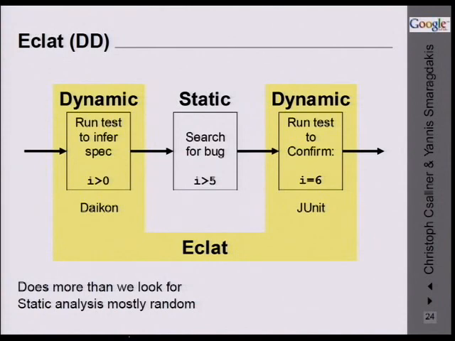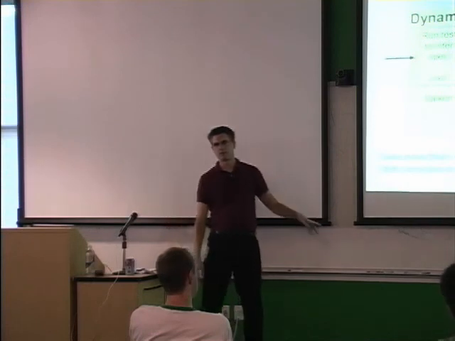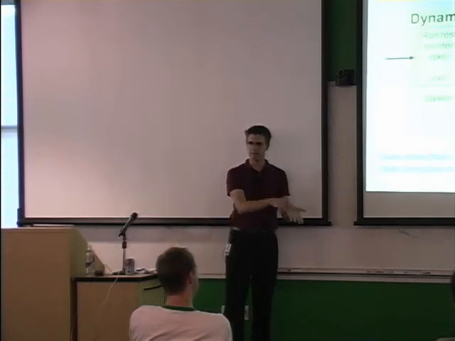But I also have to say that Eclat has a much bigger scope than DSD-Crasher. So I'm only going to compare DSD-Crasher against that functionality they have here. In addition to that functionality, they have more stuff, right? So it's not completely fair. But I'm comparing to that part they have there. And so here we would expect that DSD-Crasher finds deeper bugs because it has a deeper static analysis.